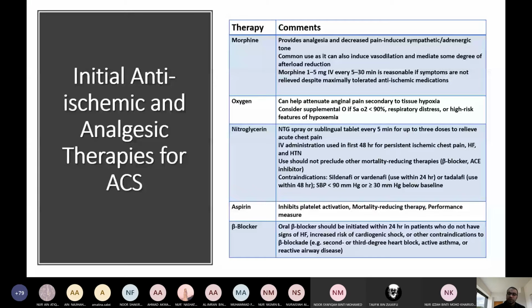These are general measures that can be considered in patients with ACS, in the very general sense: STEMI, non-STEMI, whatsoever. Some references label this as supportive measures or supportive therapies that could be offered. We see here the morphine, the oxygen, the nitroglycerin, the aspirin, and the beta blocker. Okay.